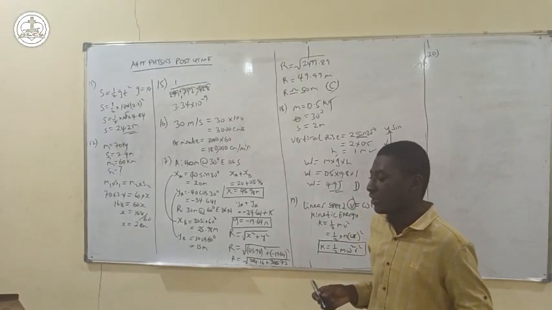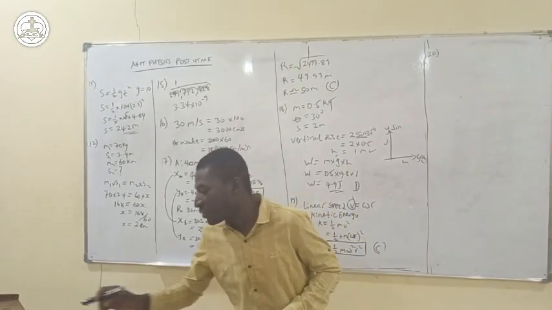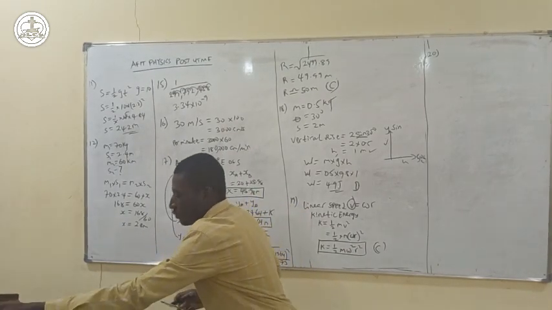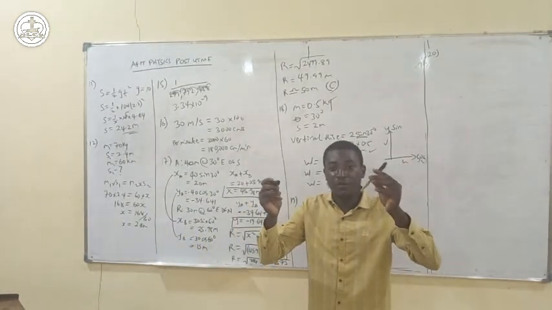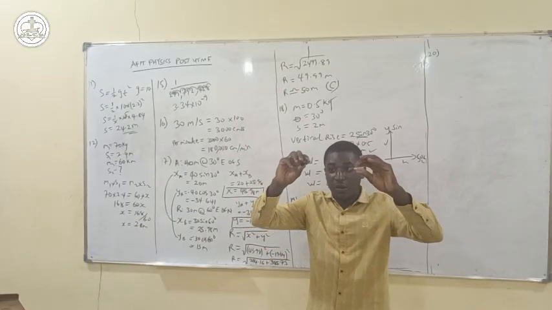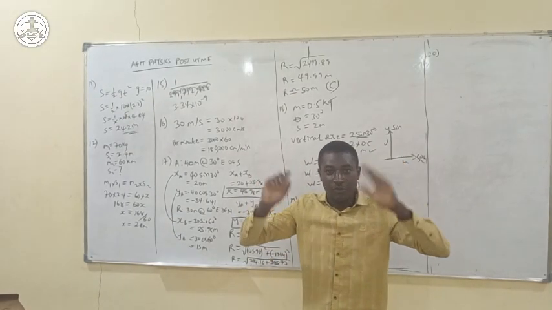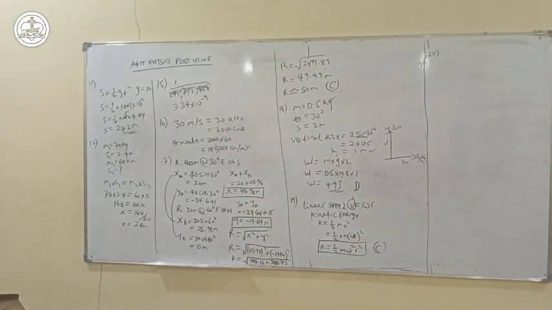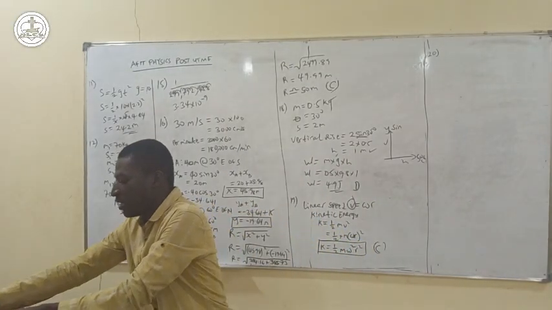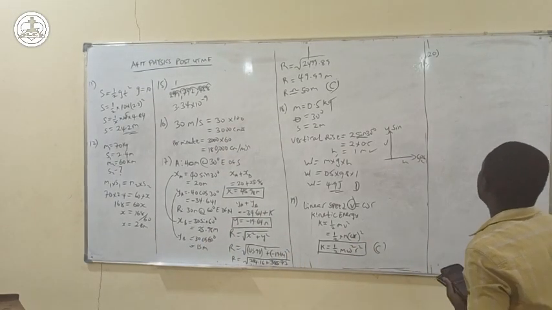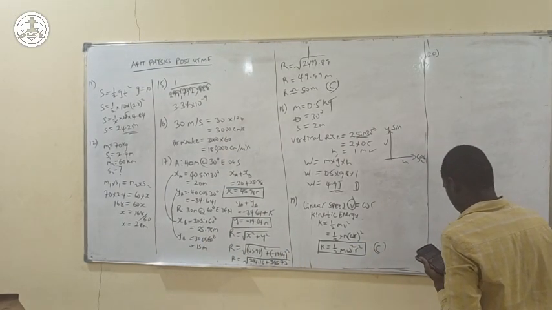I wish I could do a practical here, but just assume this and this are actually different masses. Now from the same height, they reach the ground at the same time. So the time difference between both of them is 0 seconds. So the answer is 0 seconds.